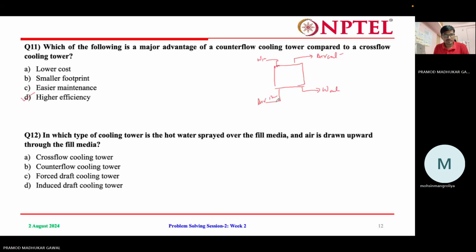No, it's the counter flow. Hot water is sprayed over the film media, with water in and air in, and the air goes upward through the film media. So that's the counter flow cooling tower, right?